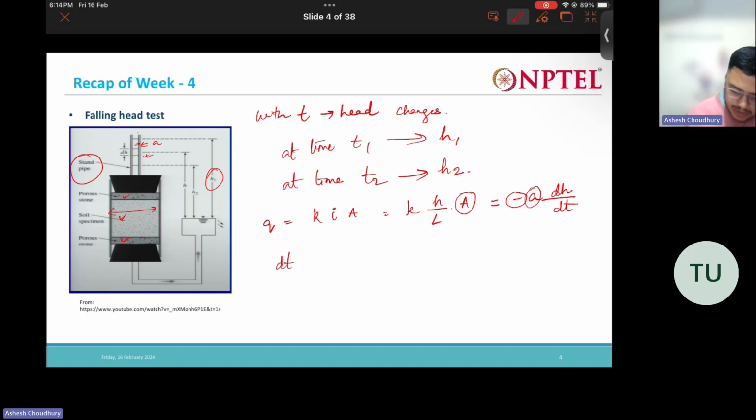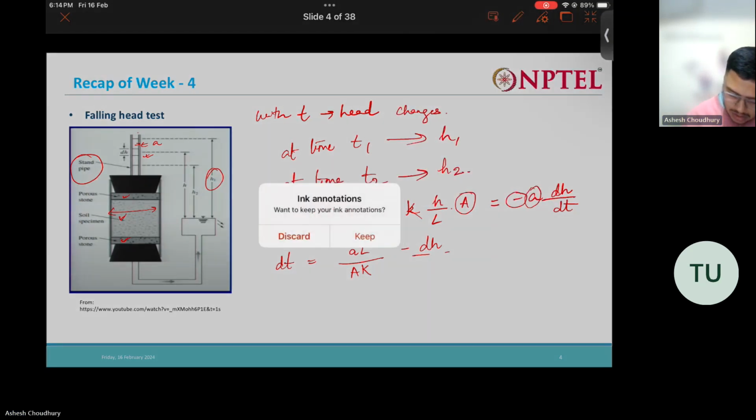So we can write dt = (aL / Ak) times minus dh by h.